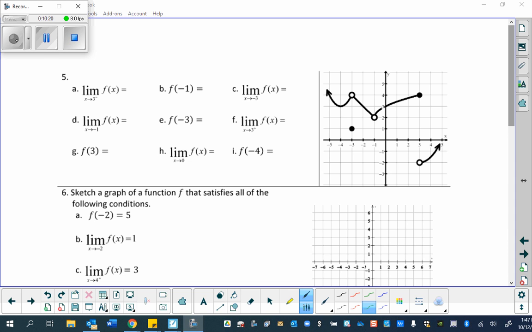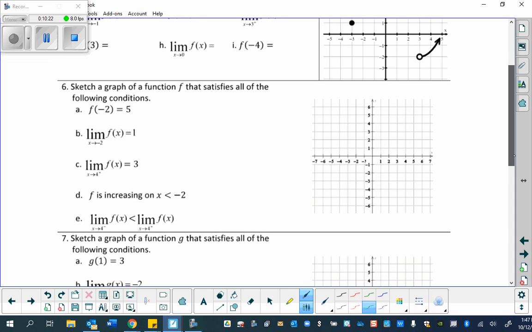All right, so this was the graph. This was the homework where you had to sketch a graph, and it had to satisfy all of these conditions. The easiest place to start is when you're talking about what the value of a function is. -2 goes in, 5 goes out. I know that that's going to be the first thing that I can put in, no problem.